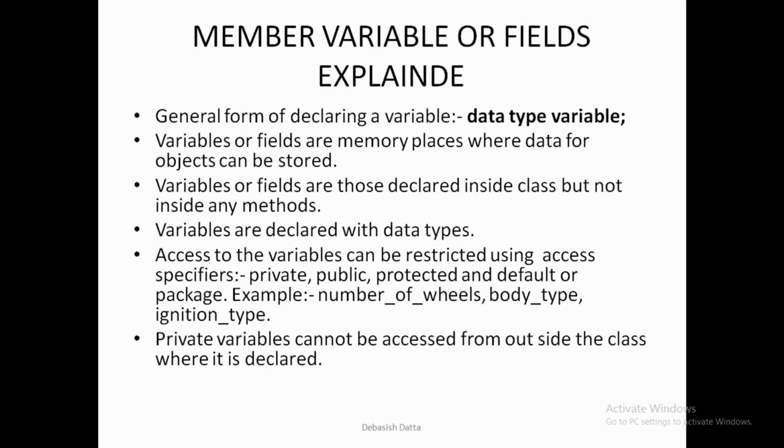For the time being, keep in mind that access specifiers are used to restrict the access of the member variables, and private variables, that means the member variables which are declared with the access specifier private, cannot be accessed from outside the class where they are declared.